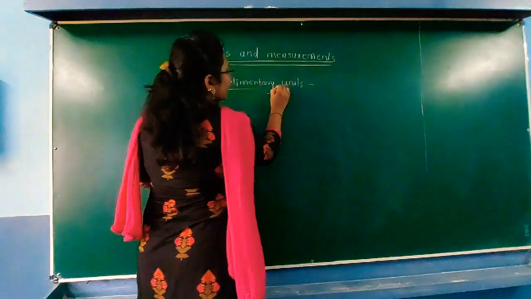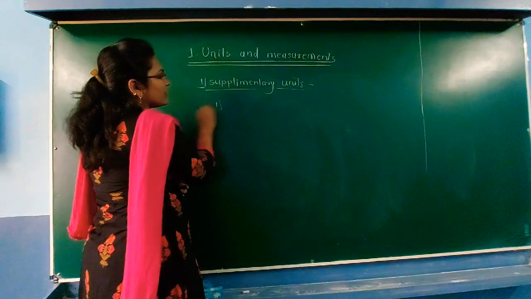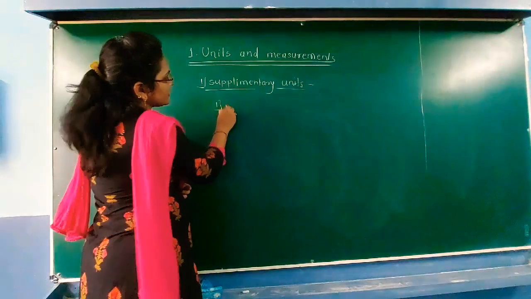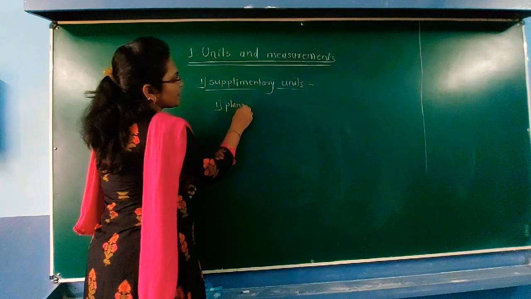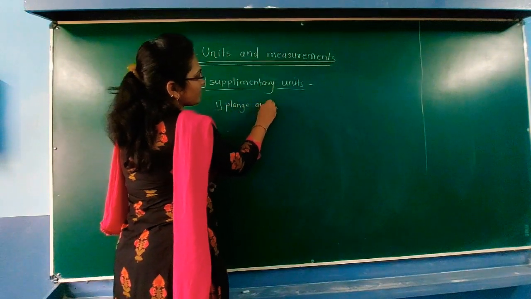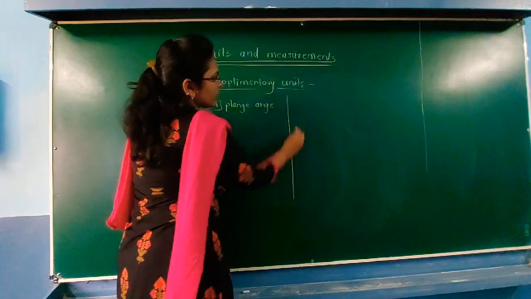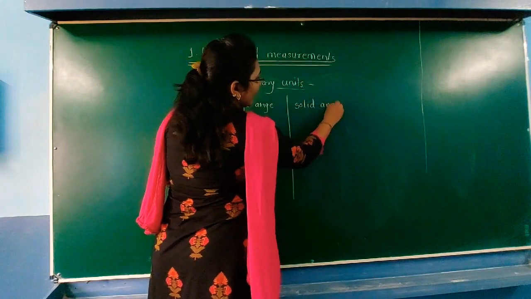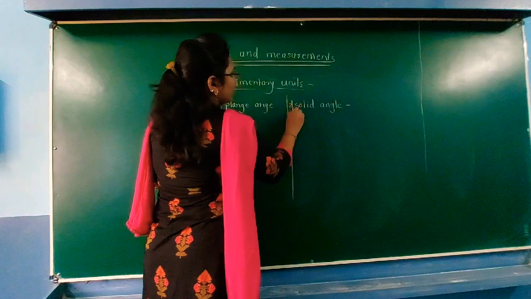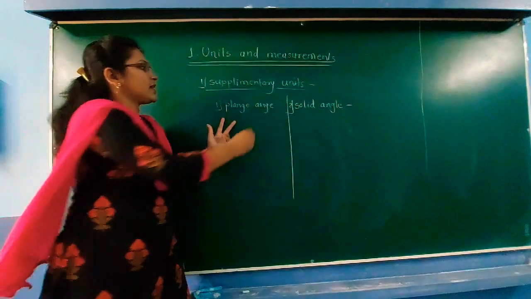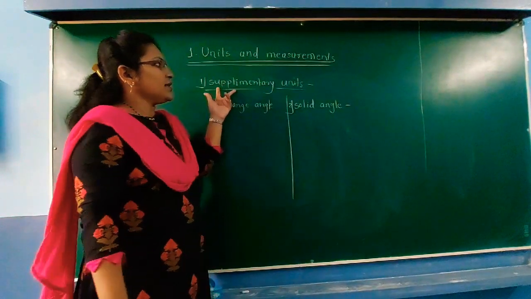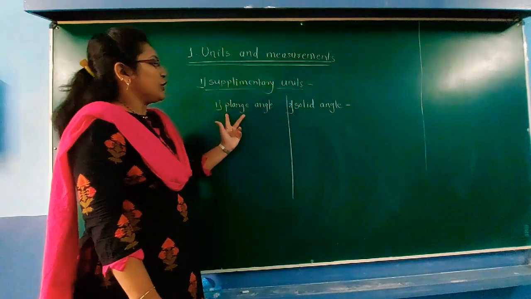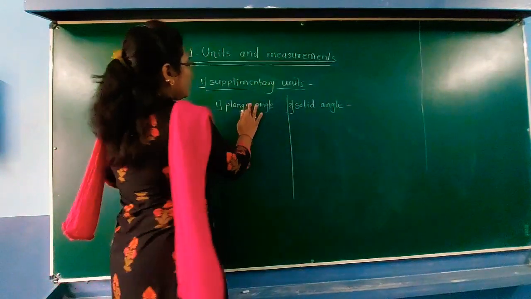In supplementary units there are 2 physical quantities: plane angle and solid angle. These are the two physical quantities in supplementary units.